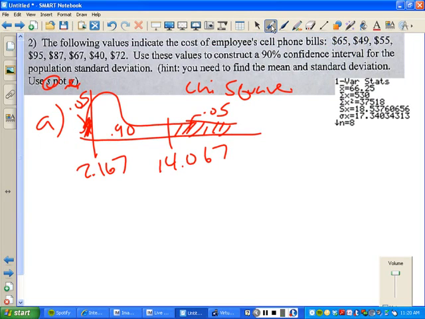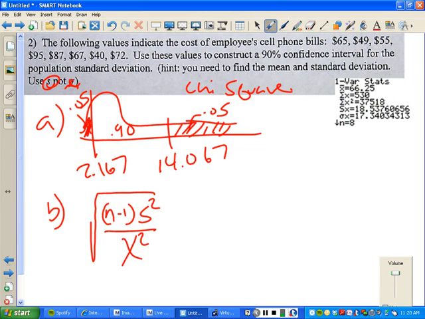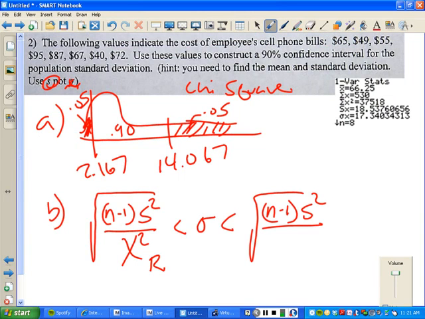Now, part B requires us to know the formula. The formula is the square root of n minus 1 times s squared over chi-square right, which is less than sigma, which is less than the square root of n minus 1 times s squared over chi-square left.